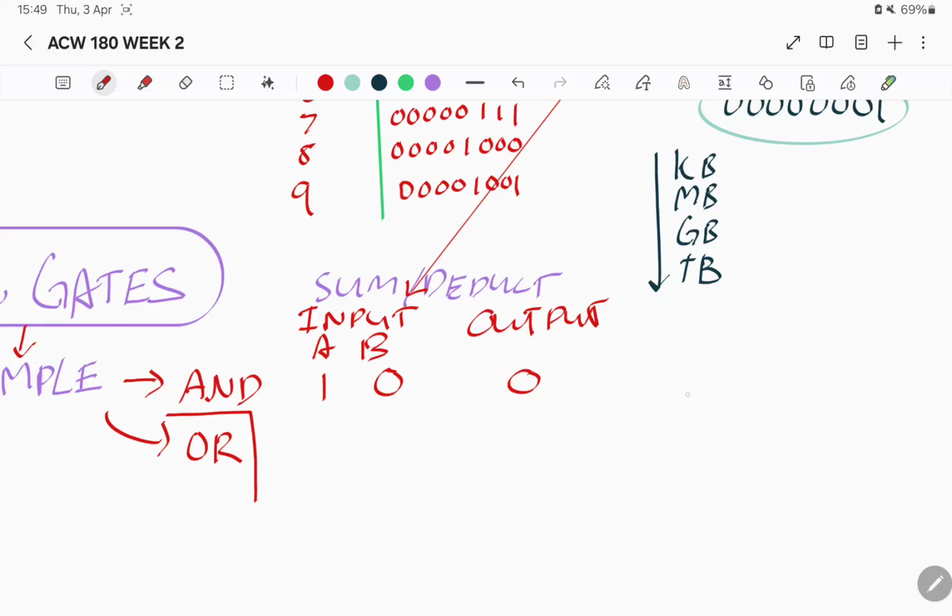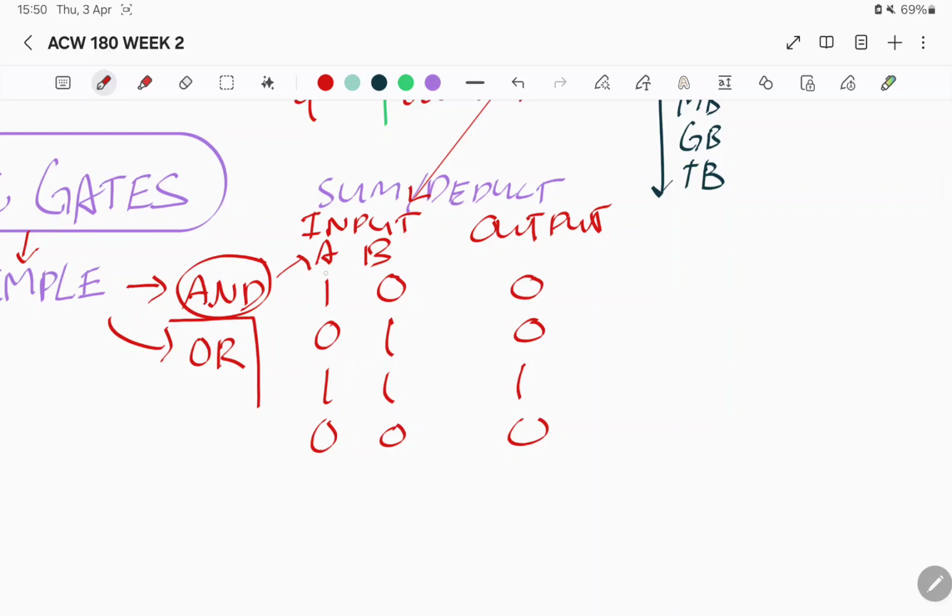If you look from the circuit board, it should go like this. I don't want to show you this one, it will further confuse you, but never mind. 0 1 becomes 0, 1 1 becomes 1, 0 0 becomes 0.